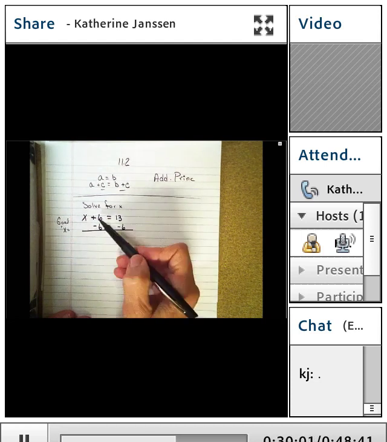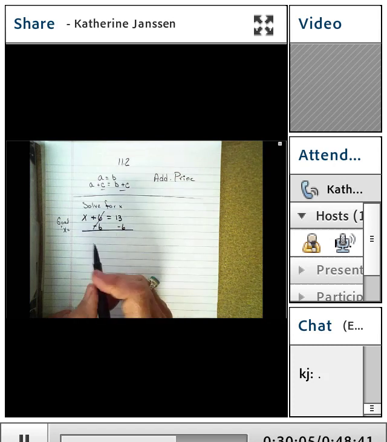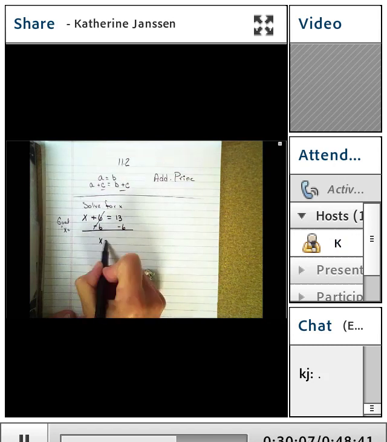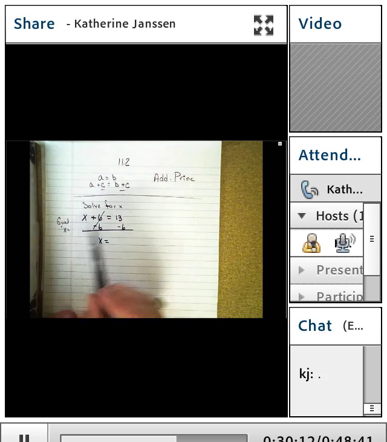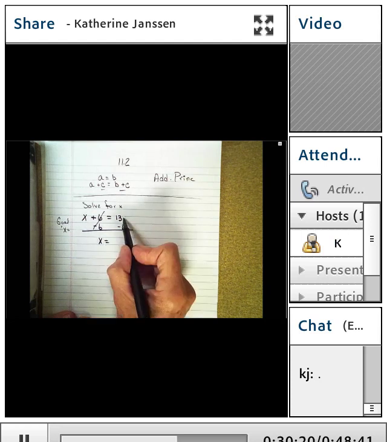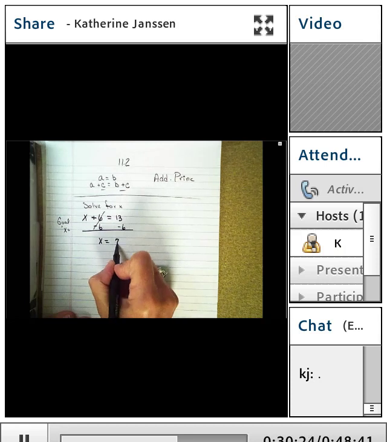I'm choosing to add the opposite because 6 plus its opposite goes to 0, and x plus 0 is x equals. So that's my strategy. I applied the addition principle by adding the opposite, isolating x, so now I have x equals. But I'll have to tidy up the other side of the equation. 13 subtract 6 would be 7.